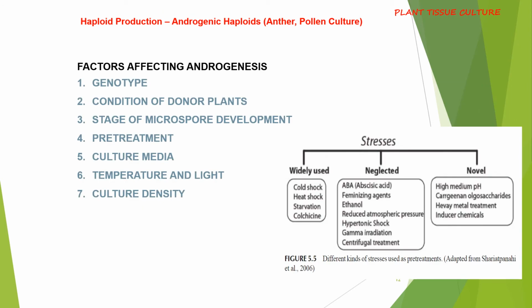Factors affecting androgenesis. The genotype of the mother plant plays an important role in inducing androgenesis. Certain genotypes have been reported to give a large number of haploid plants. For this, the mother plant needs to be screened first and then selected. The physiological condition of the donor plant also matters. The selected mother plant should be healthy. Generally, young flowers at early season are used.